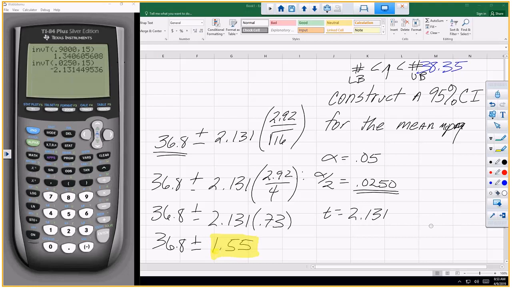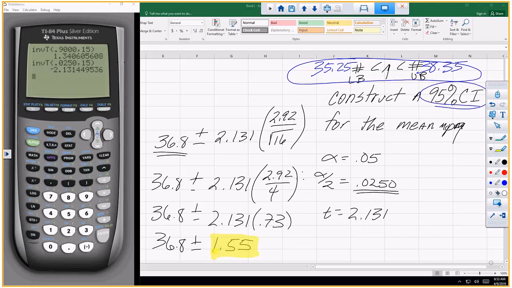That's your upper bound. So what are you going to do to find your lower bound? Subtract. It's a miracle. 36.8 minus 1.55 is 35.25. Round accordingly. This is your what?